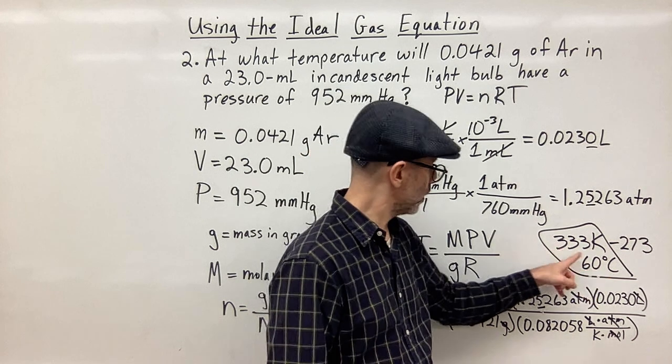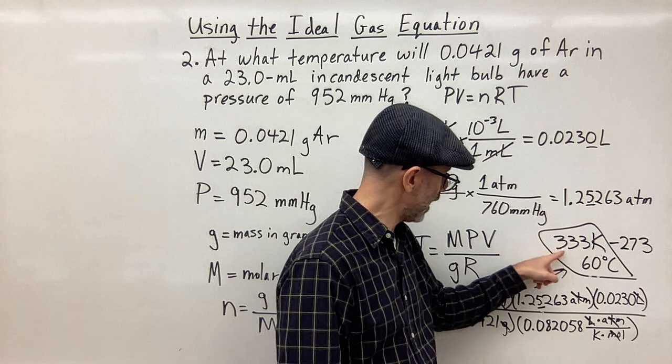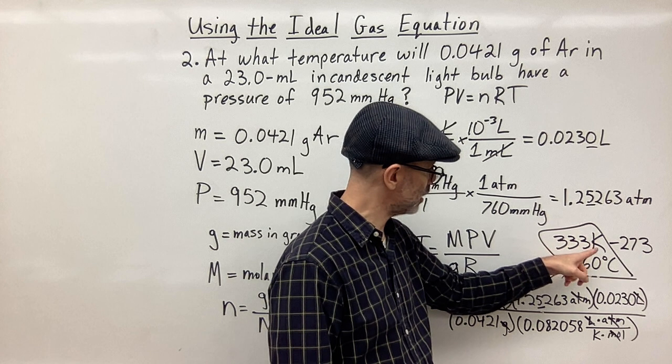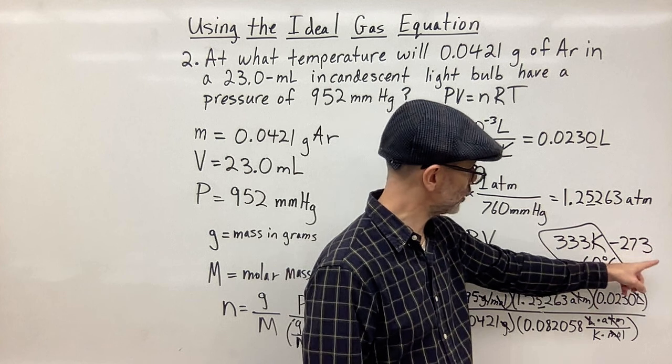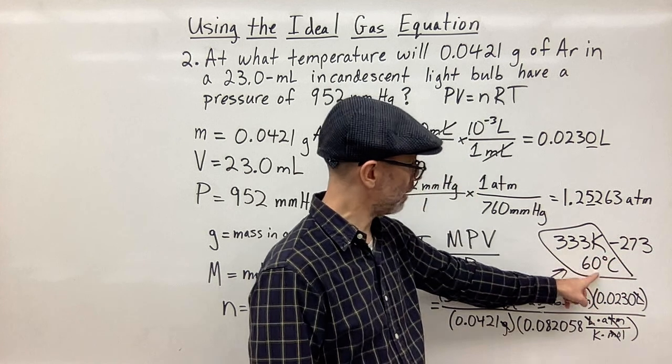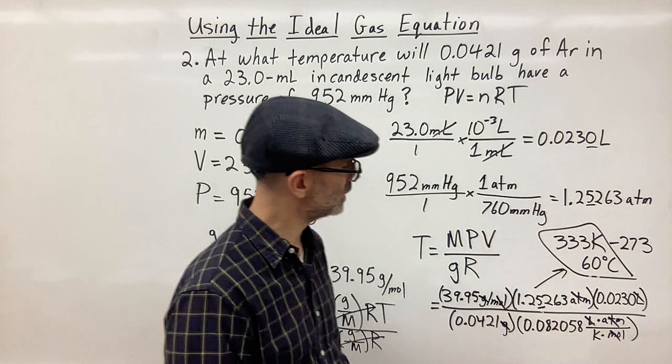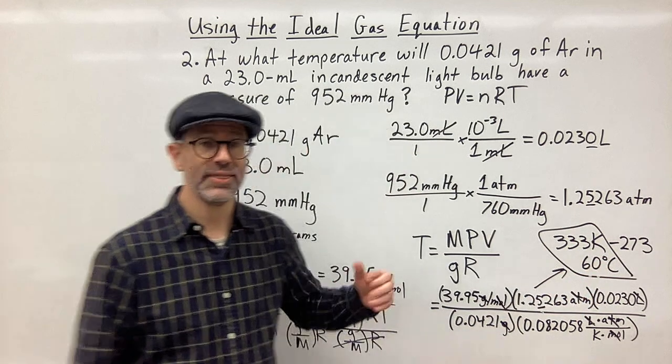So here, this has no decimal places. So the last digit is the ones place. Here, the last digit is the ones place. So that means that my last digit should be in the ones place, and it is. So 60 degrees Celsius.